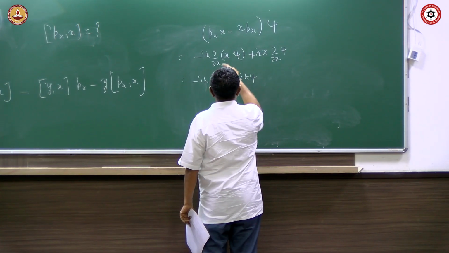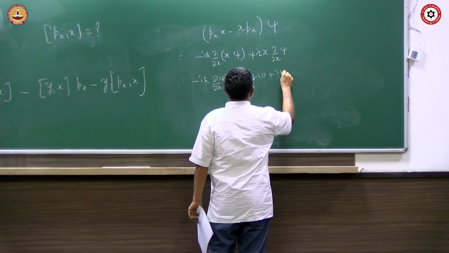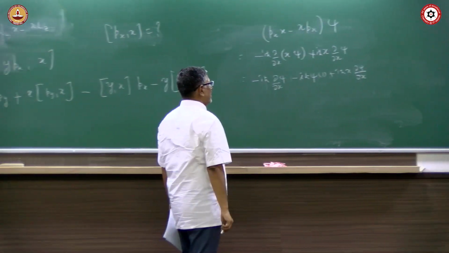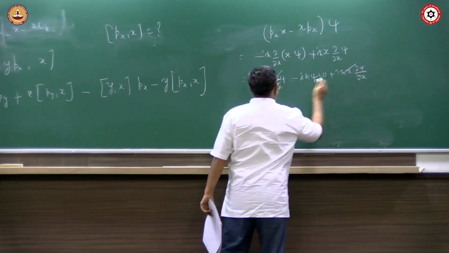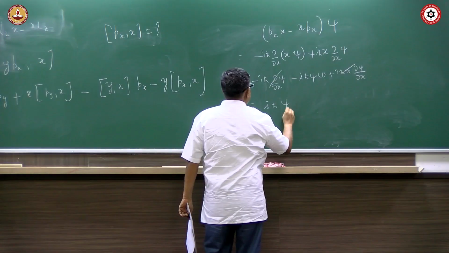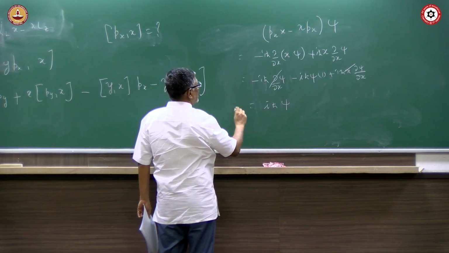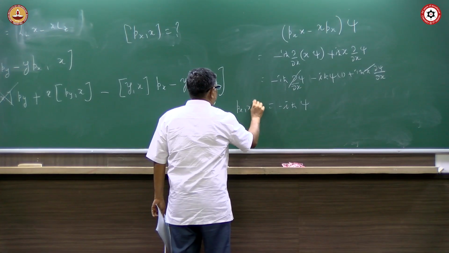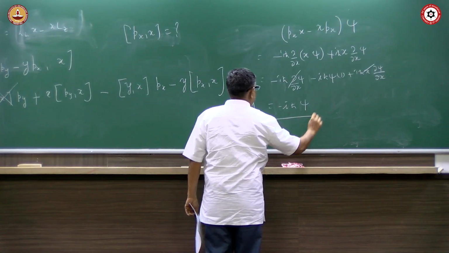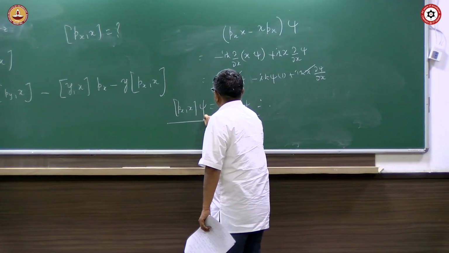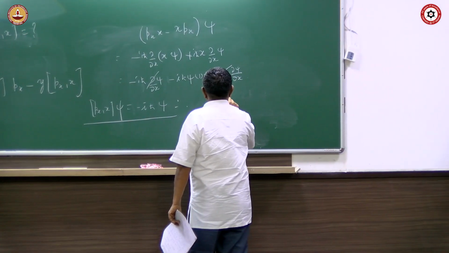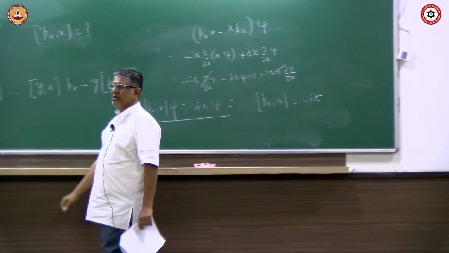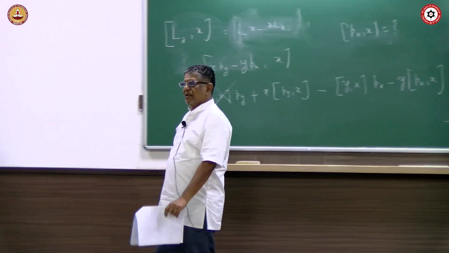Take it outside, differentiate, you will get 1 plus iħ x ∂/∂x. Therefore this goes, and you will have iħ minus iħ, therefore [Px, x] equal to minus iħ. Therefore the commutator [Px, x] equal to minus iħ, right?